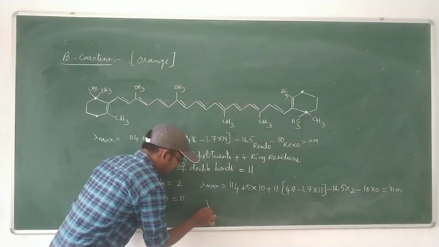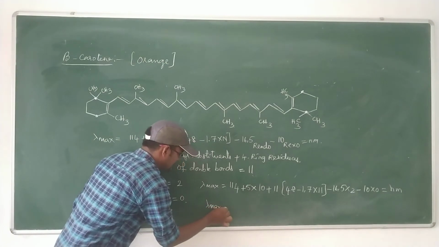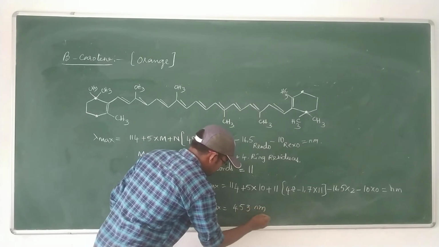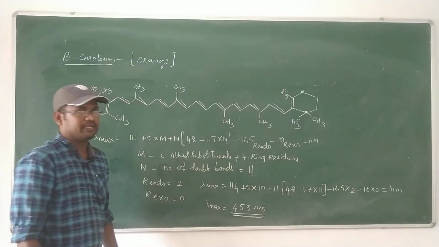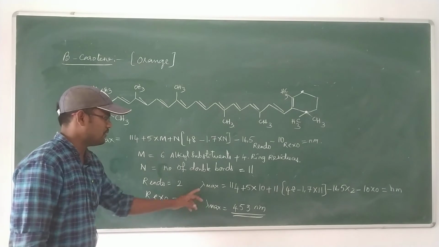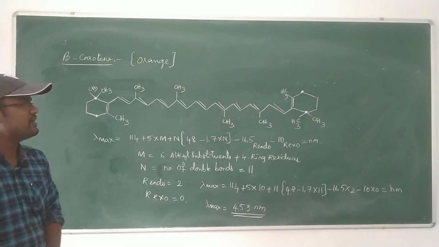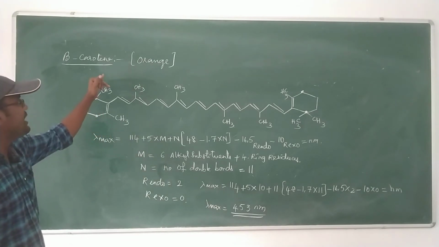We get an approximate value: lambda max is 453 nanometers. So this is the approximate calculated value, from this calculation of lambda max of the polyene beta carotene, which is orange.